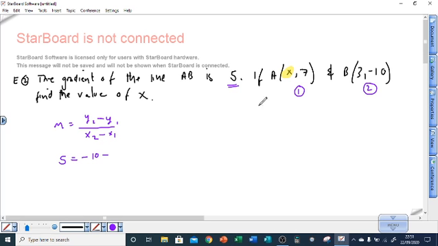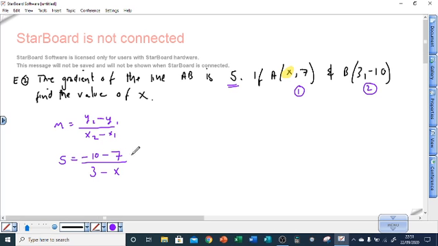Well, that's the first coordinate and the y value, 7. And it's all divided by, and my x2 is the second coordinate and the x value, 3. Take away my x1, the first coordinate, the x value. Well, I'm trying to find that, so that is x.